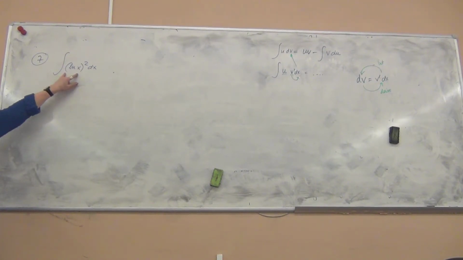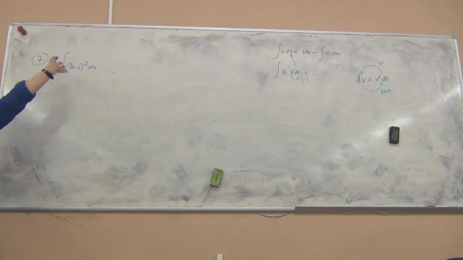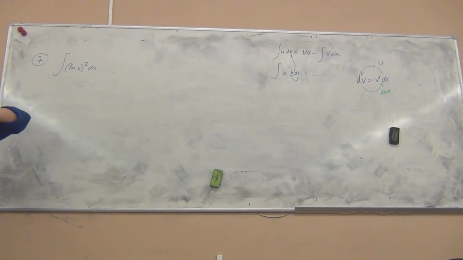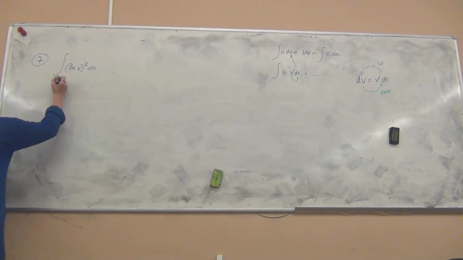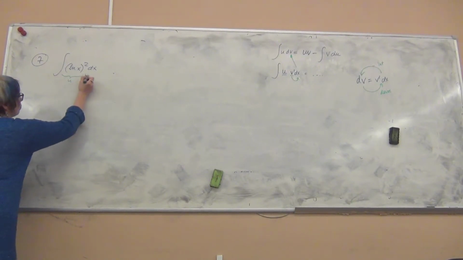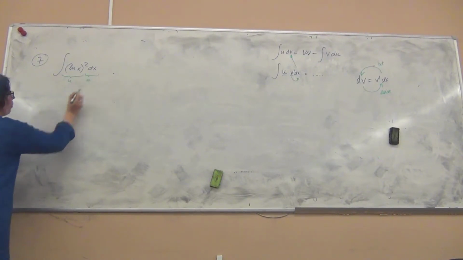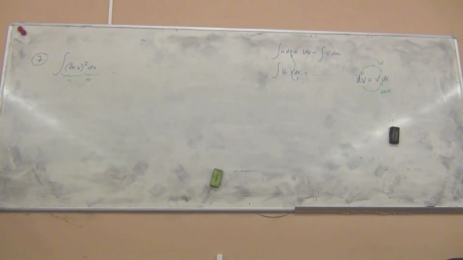So the first thing to notice: no product. Composite function, we didn't deal with composite functions there. And yes, ln x is not the thing that we choose for v. So what we have here is that this is u and this is dv already, without any change.